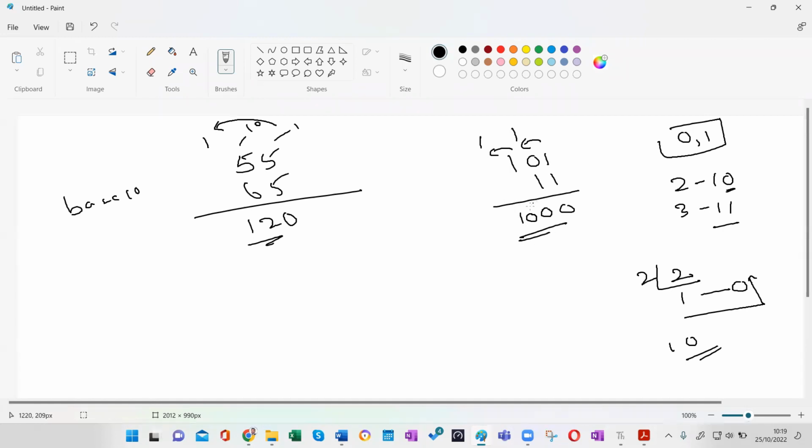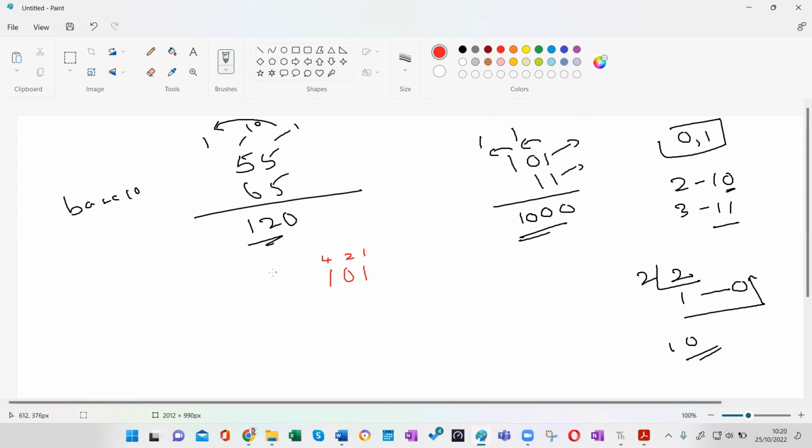To check whether this is the correct answer, we'll convert this binary number to denary and see. Okay, 101. If you convert 101 to denary, check my previous video. We did this. We write the positional values of this bit stream. So this is starting with 1, this is 2, this is 4.